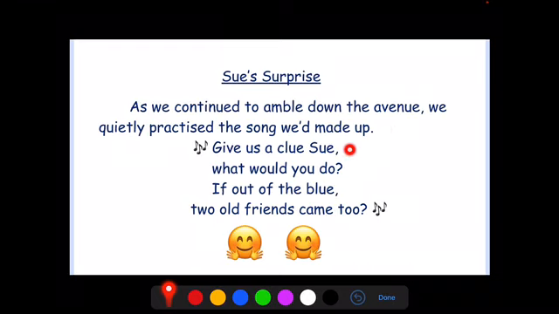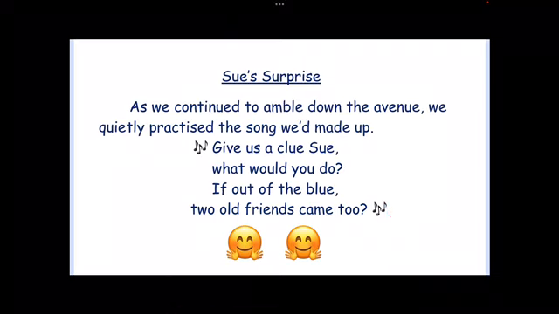Give us a clue, Sue, what would you do if out of the blue two old friends came to? And I think the picture tells us what she'd do. They'd get a hug.